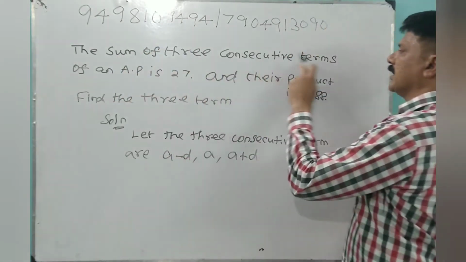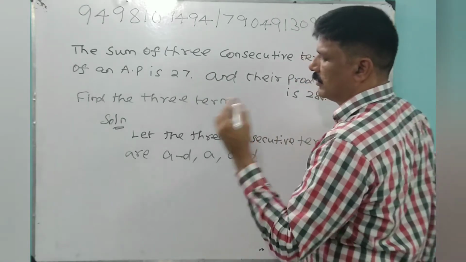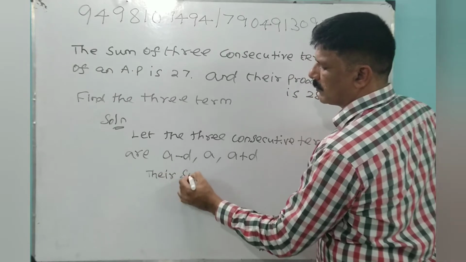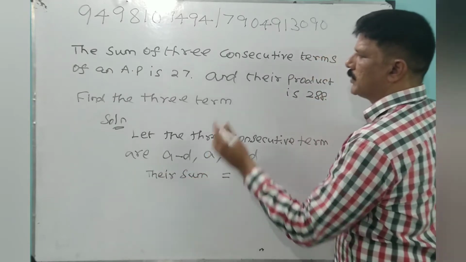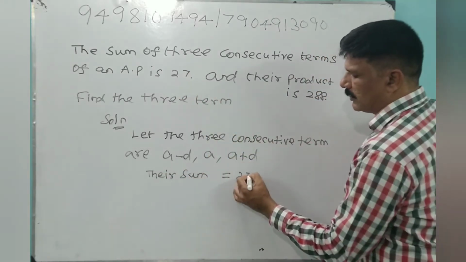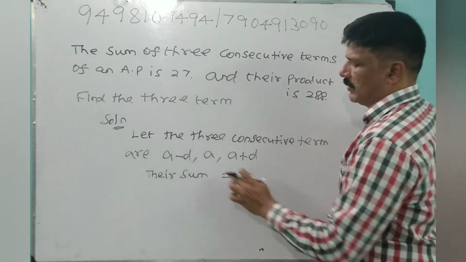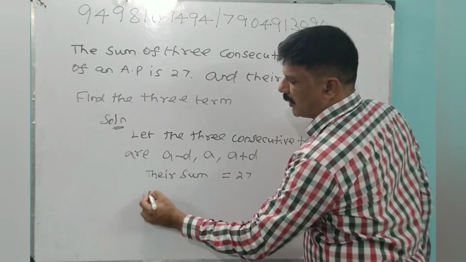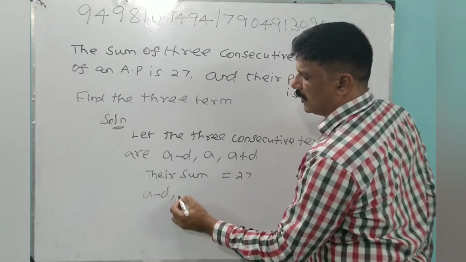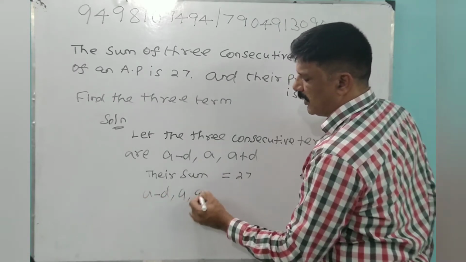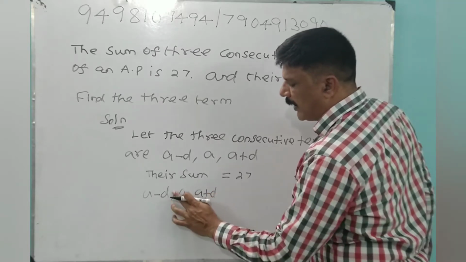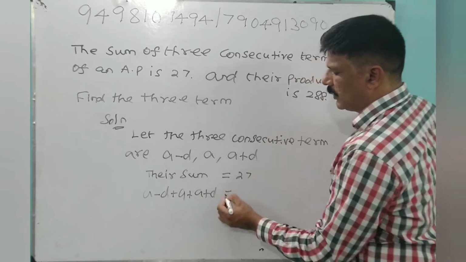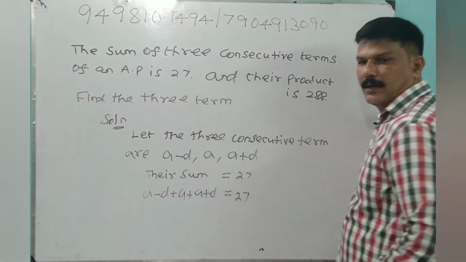The sum of 3 consecutive terms, sum means addition, equal to 27. Now we add these 3 terms: a minus d, a, a plus d equal to 27.